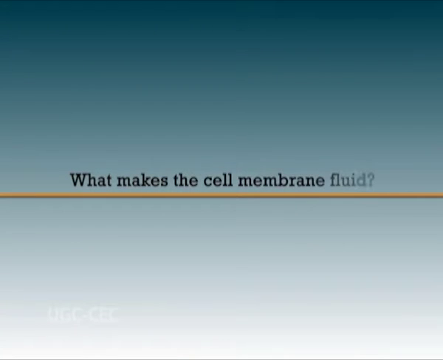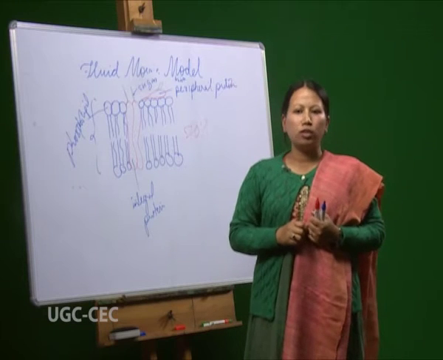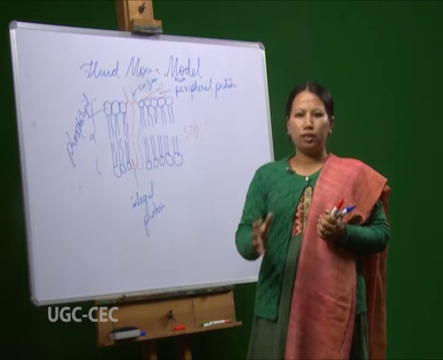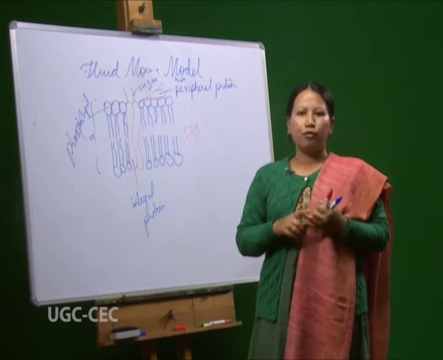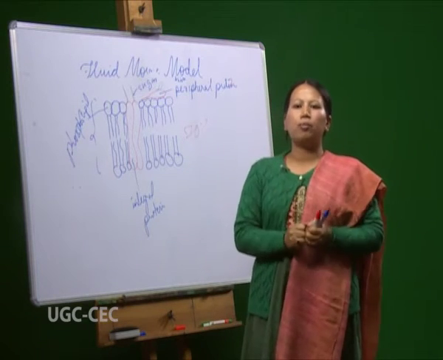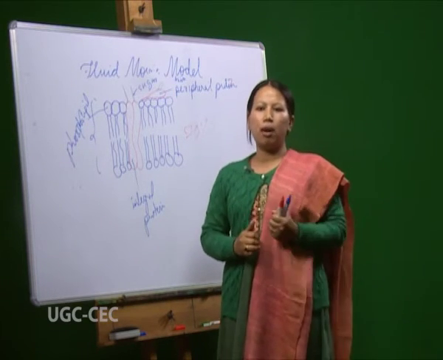Now, let's see what makes a cell membrane fluid. The fluid mosaic model of the cell membrane is how scientists describe what the cell's membrane looks like and how it functions, because it is made up of a bunch of different molecules that are distributed across the membrane.